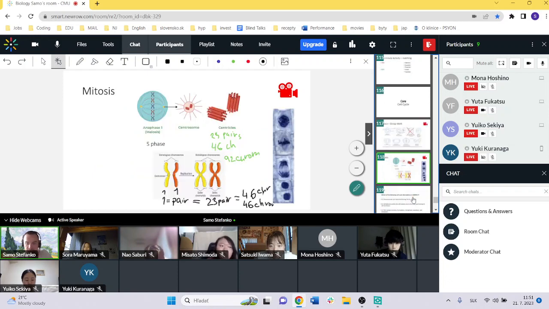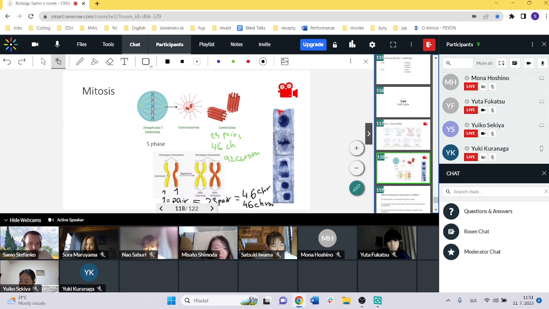Okay, on the next picture, we are able to see how it looks under the microscope. So the phases, what do you think? What are the phases on the picture named? The first one, which phase?